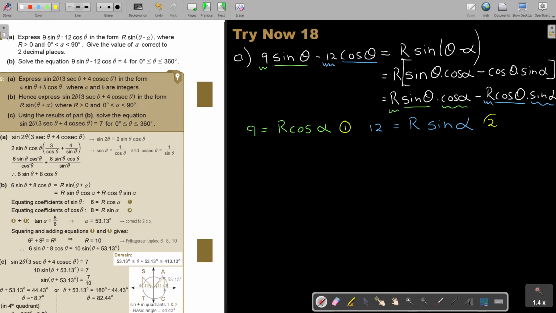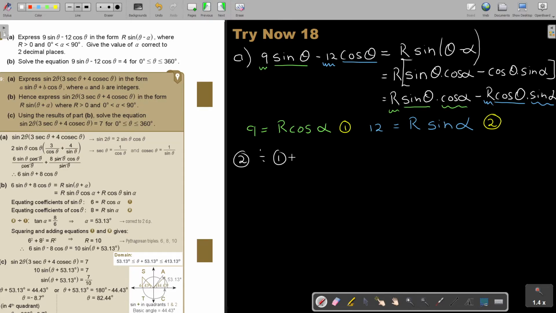This is equation 2. And then what am I going to do now? Now I'm going to say equation 2 divide by 1. Why? Because I want to end up with tan, and that will be sin divide cos.